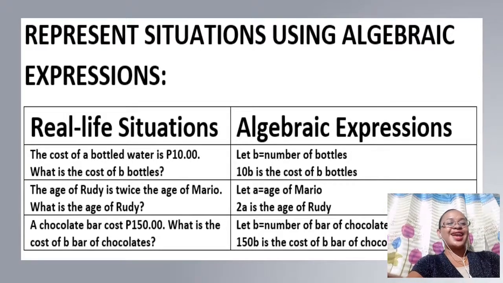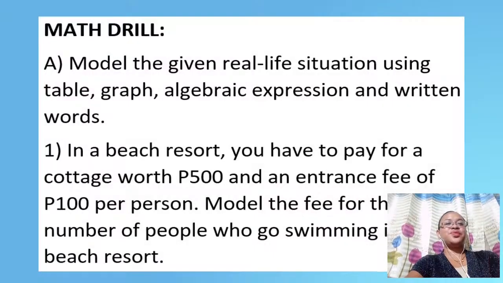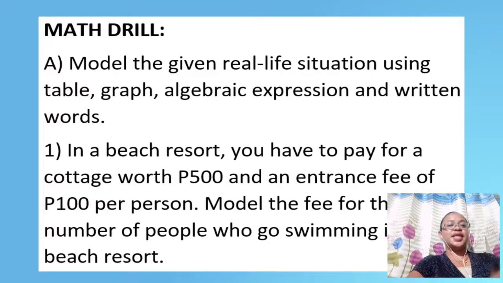And so this time, you will have to practice what you learned based on my explanation. So you may pause the video and answer the drill here. Okay. So for letter A, you will model the given real-life situations using table, graph, algebraic expression, and written word, or the meaning.